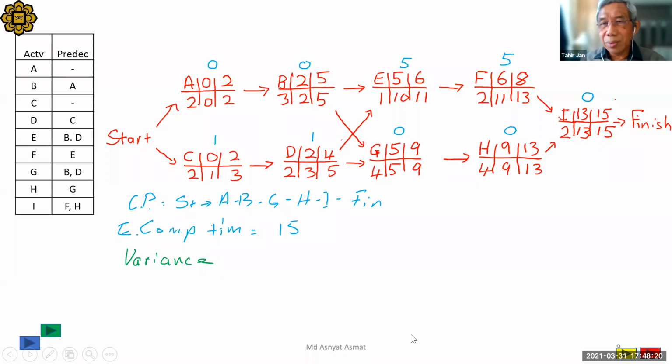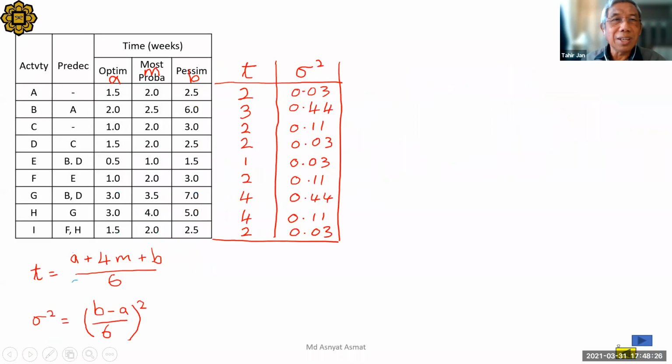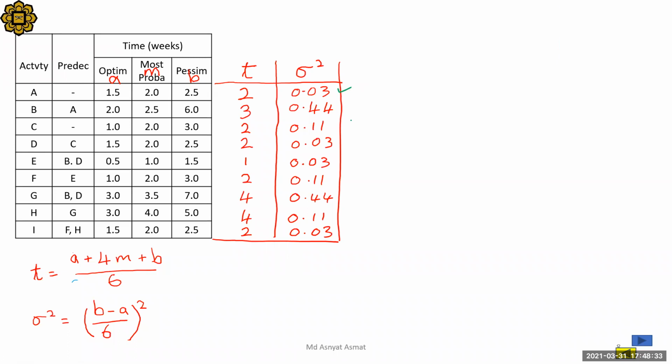Okay, let's see what we did just now. Remember A, B, G, H, I. So we sum up these activities: 0.3 plus 0.44 plus 0.44 plus 0.11 plus 0.3.